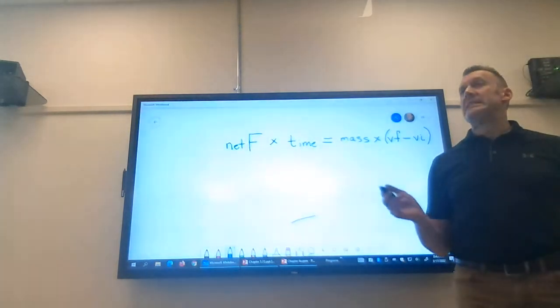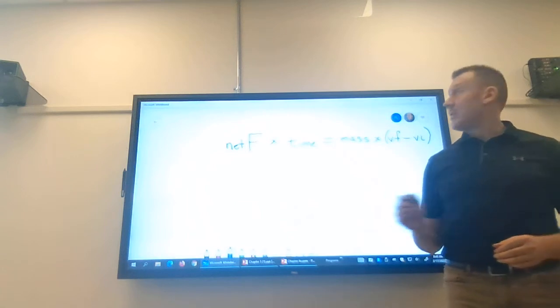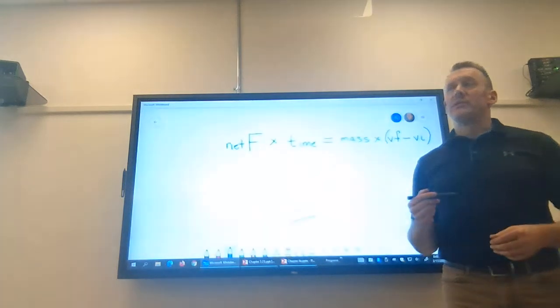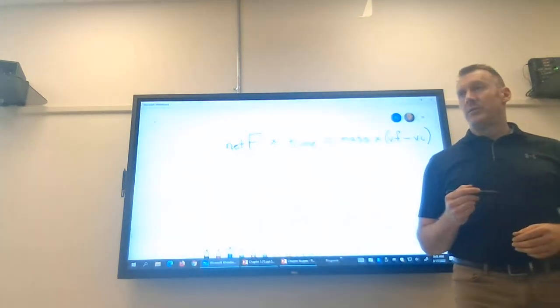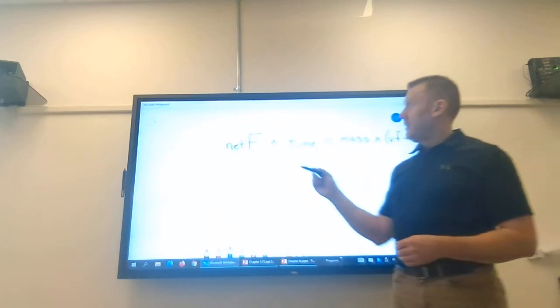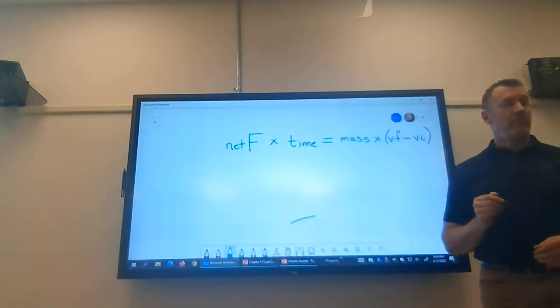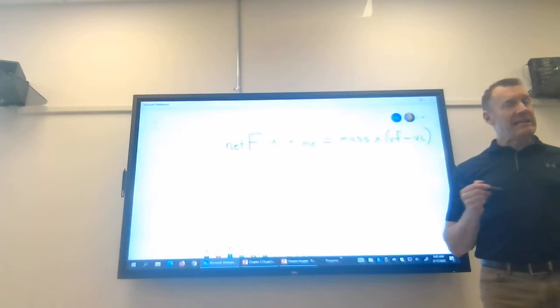So it's not instantaneous force. It's a force applied over a time period to either speed up or slow down an object or body. So we can use impulse to decrease momentum.